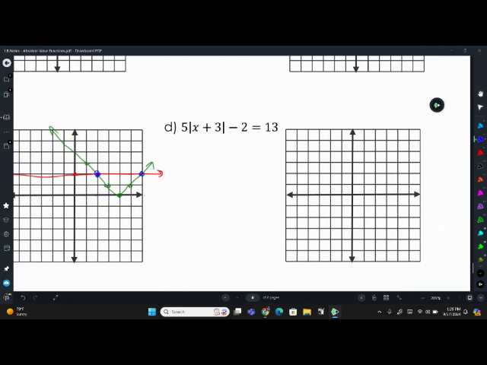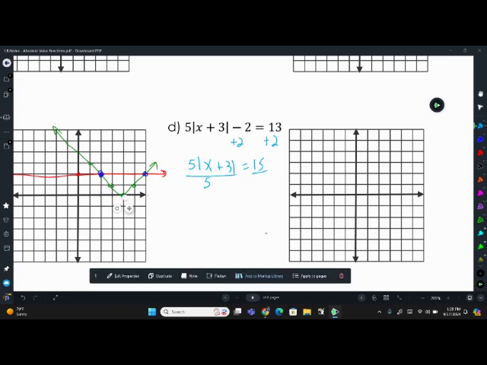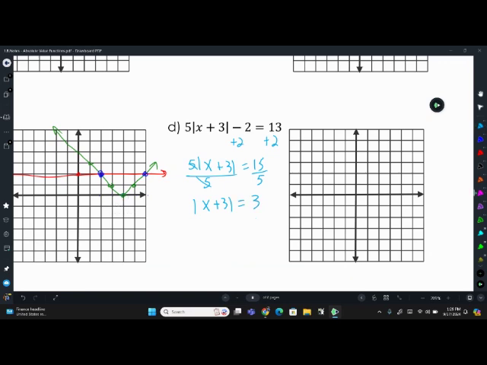All right, and then our last one here, add 2 to both sides. So we get 5 times the absolute value of x plus 3 equals 15. Divide both sides by 5. X plus 3 equals 3. So graphing that left side, 1, 2, 3 over.